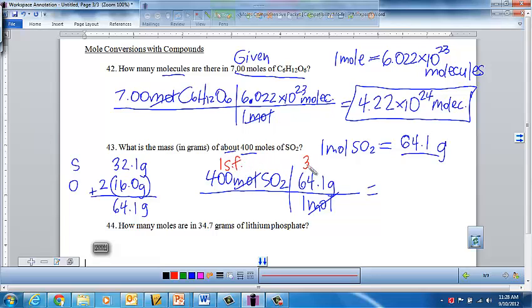This number has 3 sig figs. We don't worry about this, it is exact for 1. So I'm getting 25,640 grams. Now how should I round this? I really can only have 1 significant figure. So the 5 rounds that 2 up to 3. So it'll be 30,000 grams approximately.